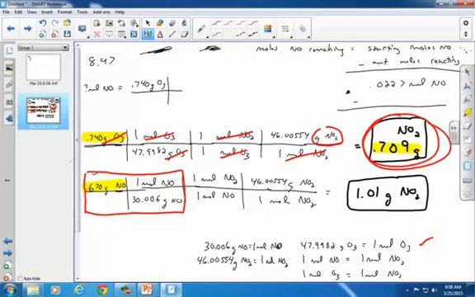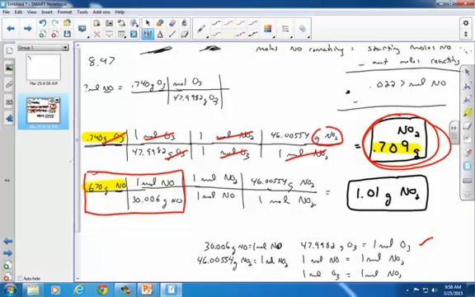So I want to convert from one substance, the ozone, into a different substance. So I've got to convert to moles first. I would start this the same way I did the first one, going from grams of ozone to moles of ozone. Then I would go back to the balanced reaction, and the ratios happen to be 1 to 1.